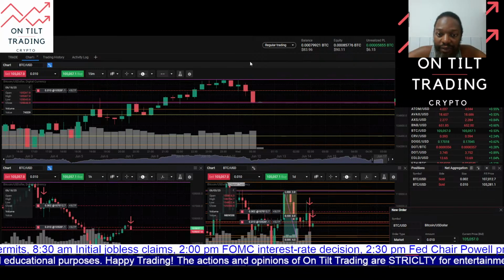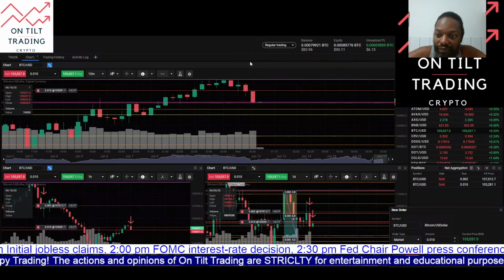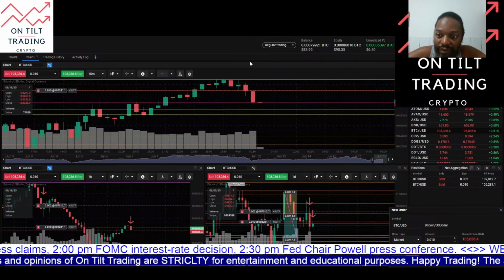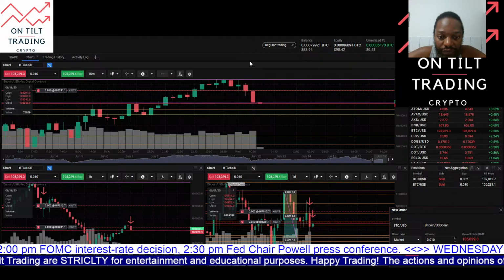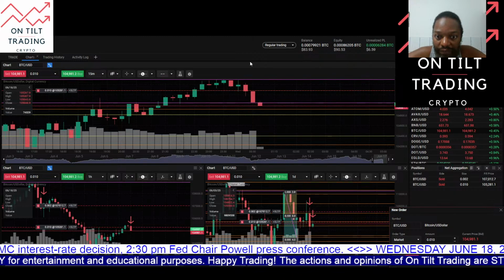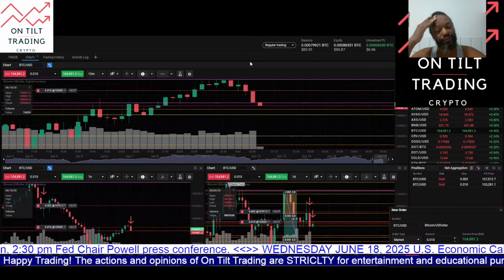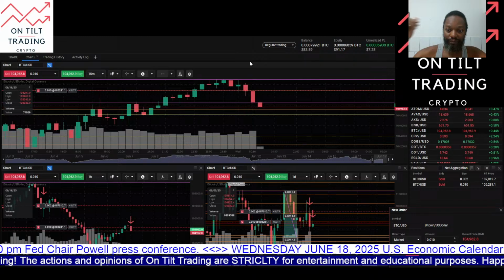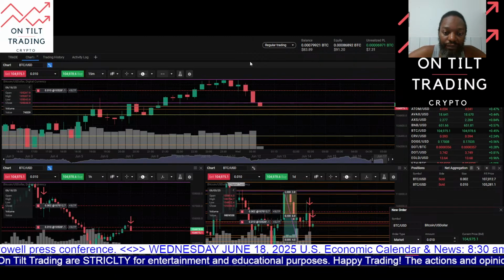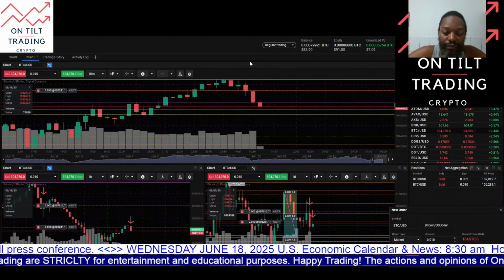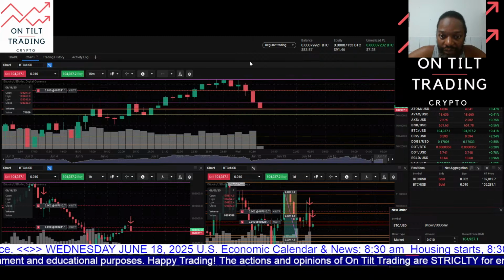Price now down here testing the 105 level, and a new low for Frankfurt has been put in. And price still being delivered to the sell side.